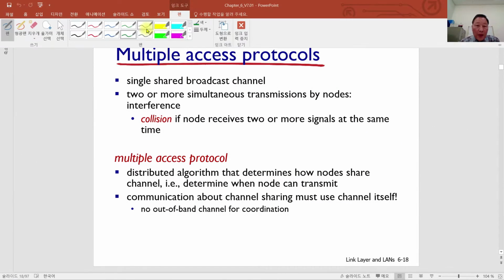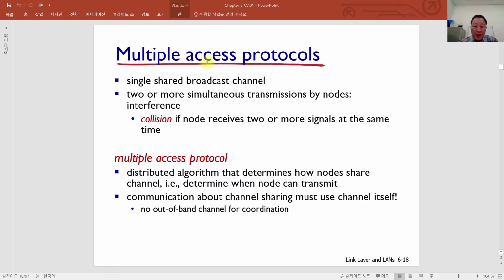Here we learn about multiple access protocols in more detail. Let's think about this one. A single shared broadcast channel. We are considering this single channel with simultaneous transmissions by nodes.